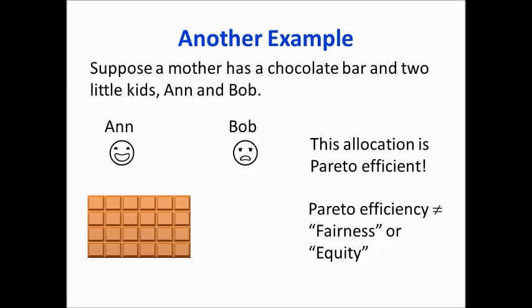This example also exposes an implicit assumption that we make here, that everybody cares just about his own consumption. In this picture, in order to tell the story as I told it, if N would care about the welfare of her little brother Bob, then she may actually be happy to give up some of her chocolate to Bob, because it makes Bob better off, and she cares also about how well Bob is off.